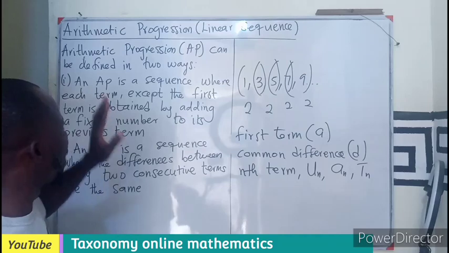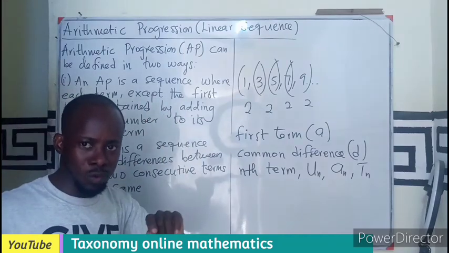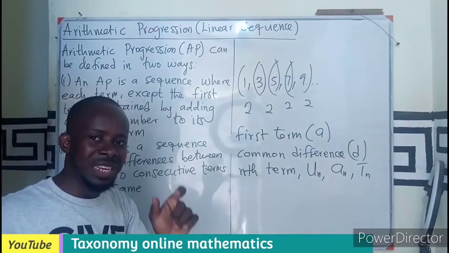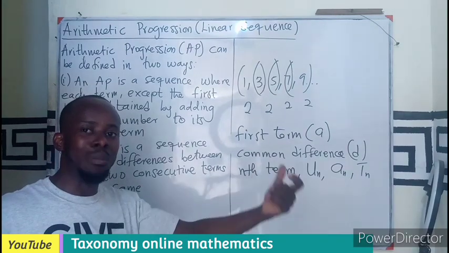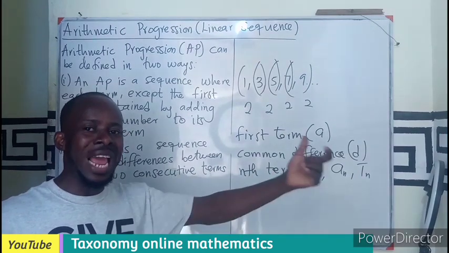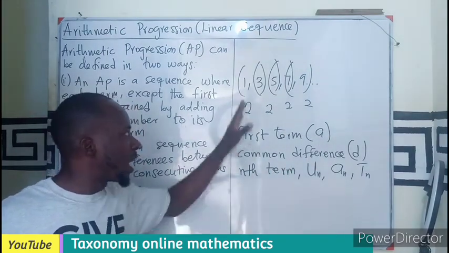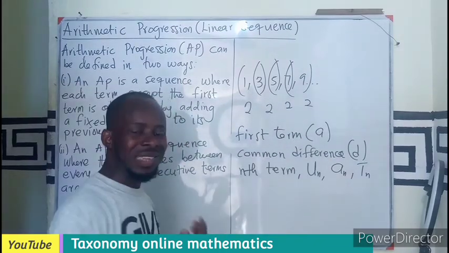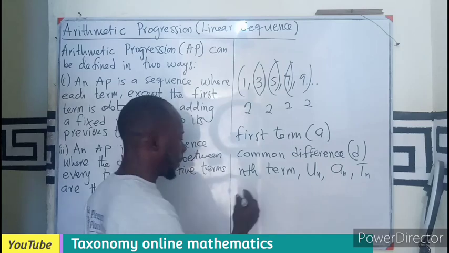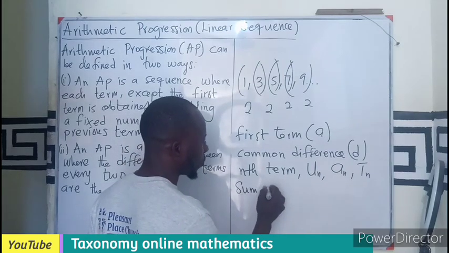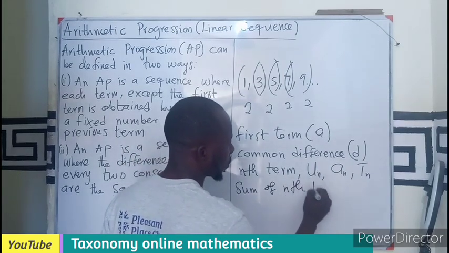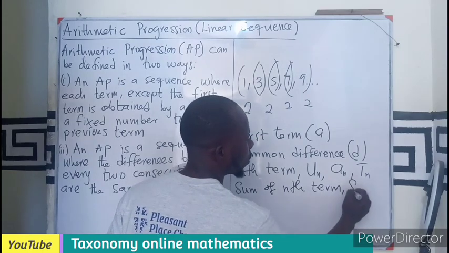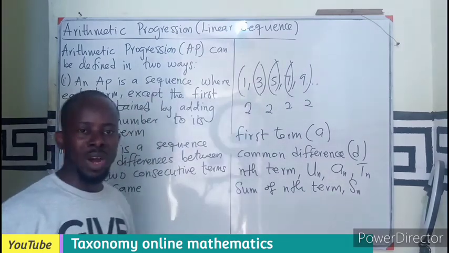Alright. Now, since we explained also under sequence and series that series is just the summation of all the terms in that sequence, we can also have addition of all of these, called the sum of the nth term, which is also denoted using what? The Sn.